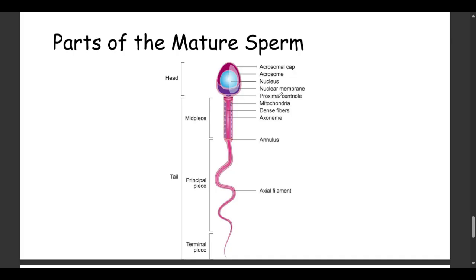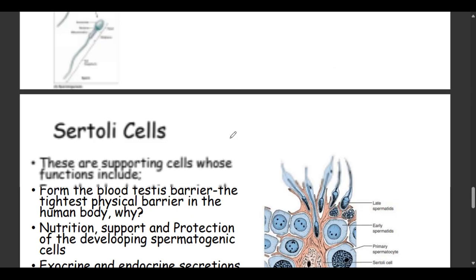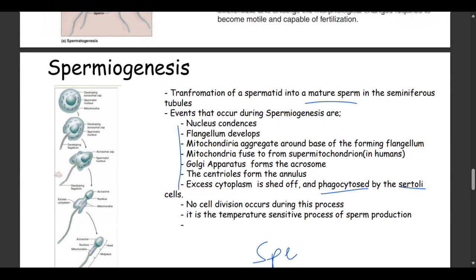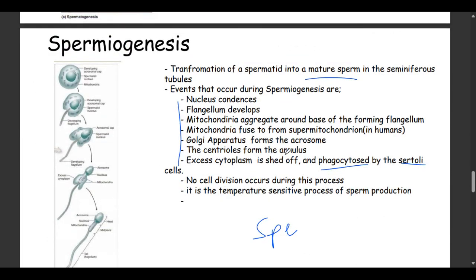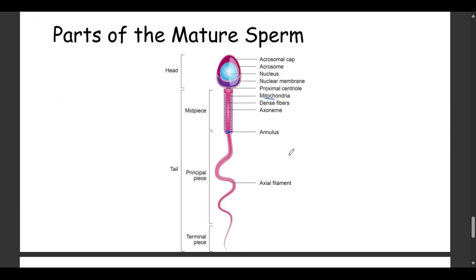Then we have the proximal centriole, and at the base, we have this arrangement in the mid piece that has mitochondria that help the sperm in motility. At the end, there's an annulus. The centrioles form the annulus, that's the annulus we are talking about.